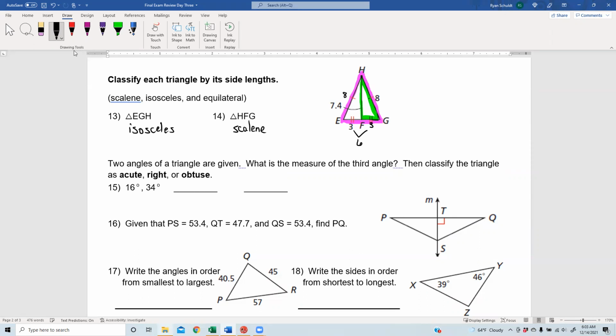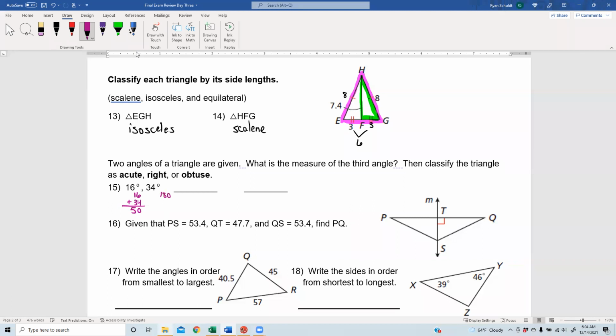15, 2 angles of a triangle are given. What's the measure of the third angle? Then classify the triangle as acute, right, or obtuse. So I have to find the third angle and then say what kind of triangle it is. How do I find the third angle of a triangle? You add them together and subtract from 180. So let's do that. 16 plus 34 will be 50.